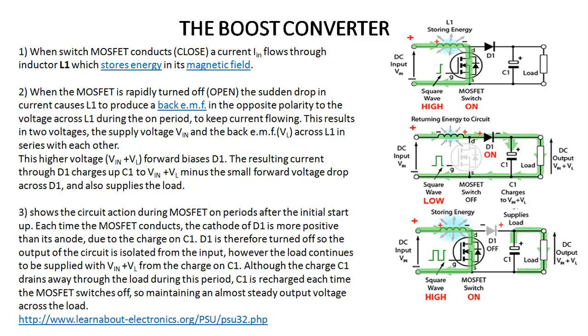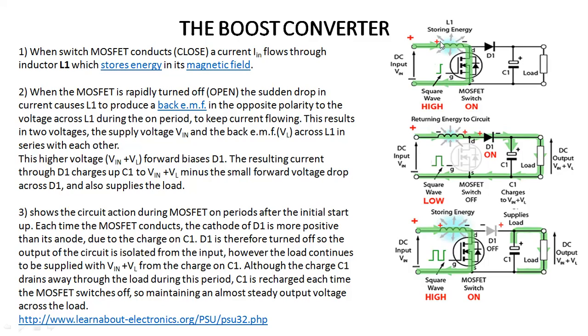So here, if you see in the buck converter, what we were doing, here at the switch, here we were using the diode, here we were using the inductor, and here we were using the capacitor.